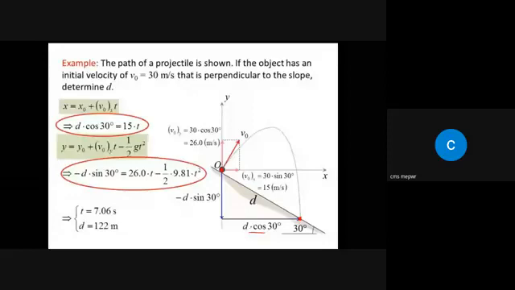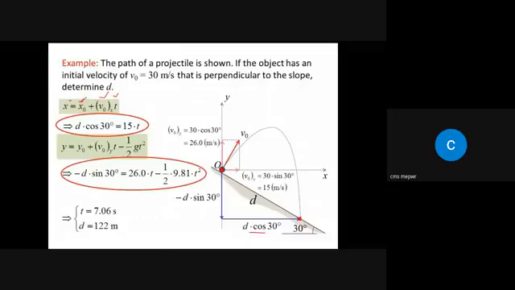So from the equation of projectile for the x direction, x is equal to x0 plus v0x t. This x naught is 0, and x is equal to d cos 30 from here.